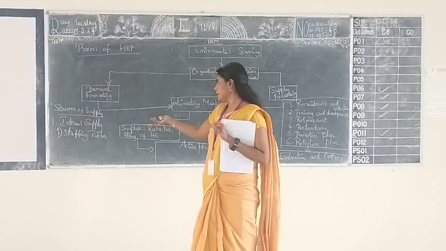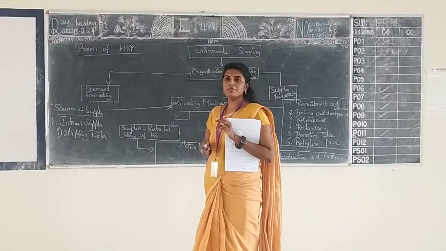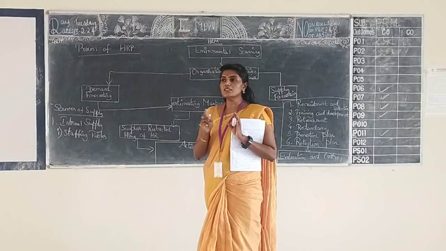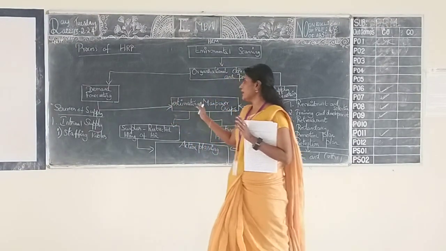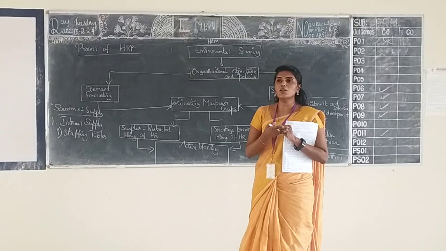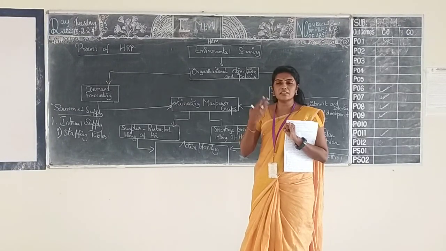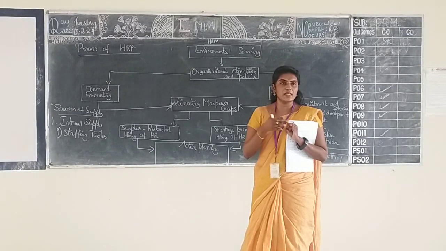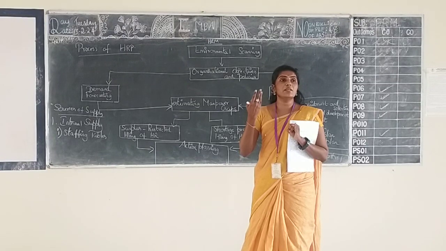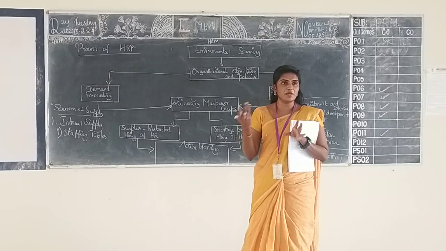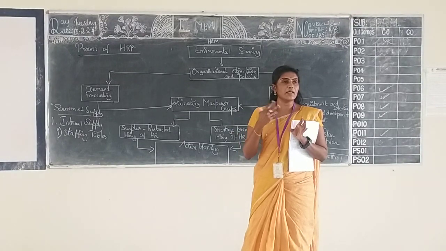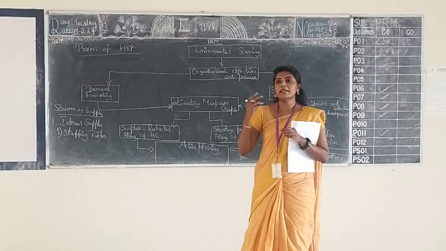In these staffing tables we are also matching demand and supply. First analyze the number of employees working in the organization. Next, forecasting means predicting for the future: how many employees you will want in the future.